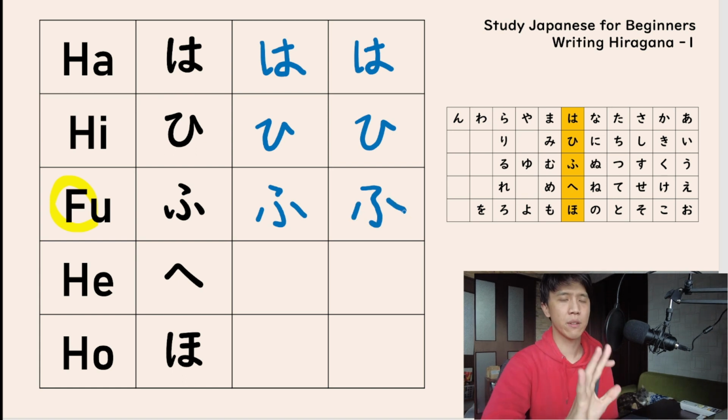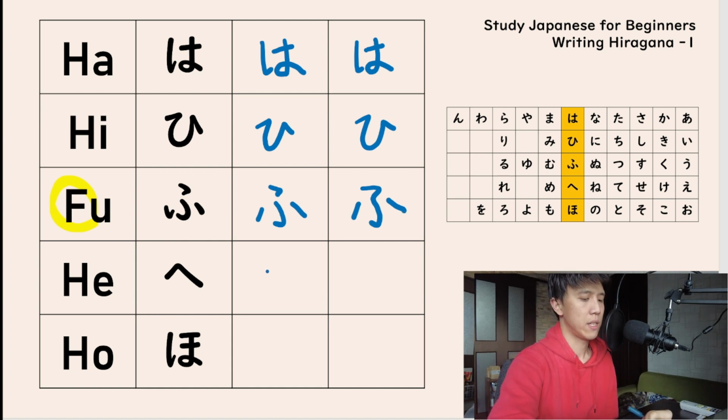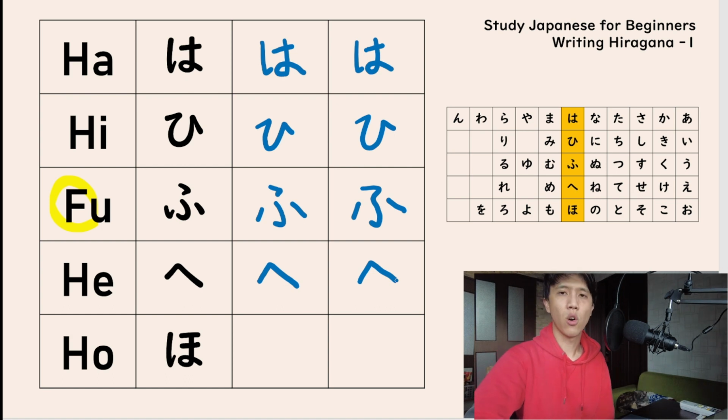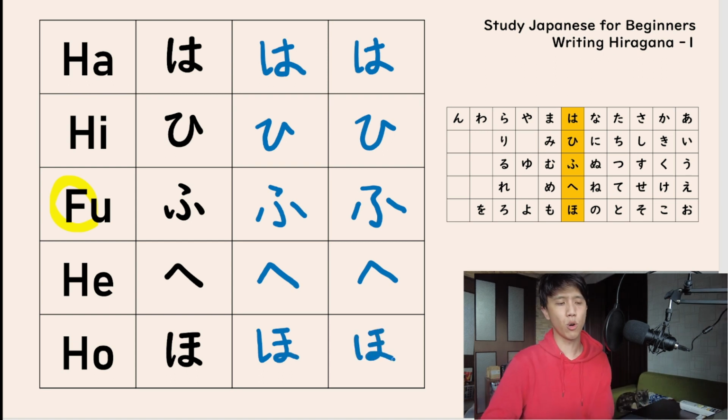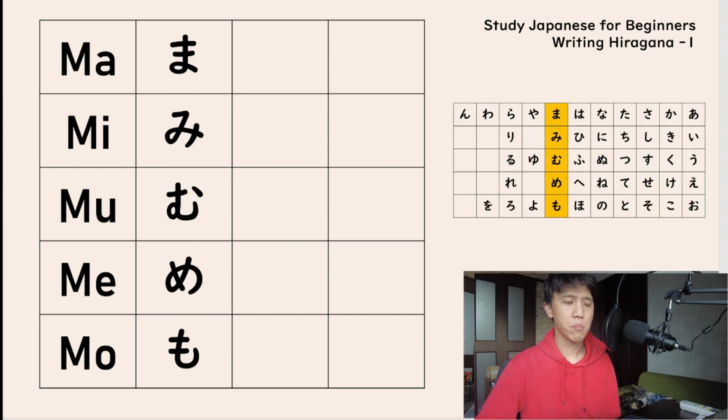So you can choose between one or two. The next one is he. And last one is ho. 1, 2, 3, 4. Okay. Ho.